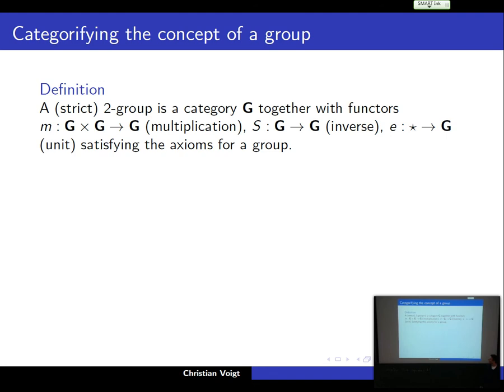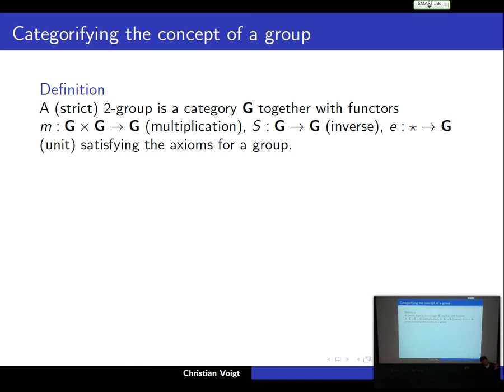This is quite well understood. Basically a two-group is a category, the category should be like the underlying set of your group, and then you have a multiplication and an inverse and unit element, and these are now given by certain functors, and then you have some axioms which should be satisfied.